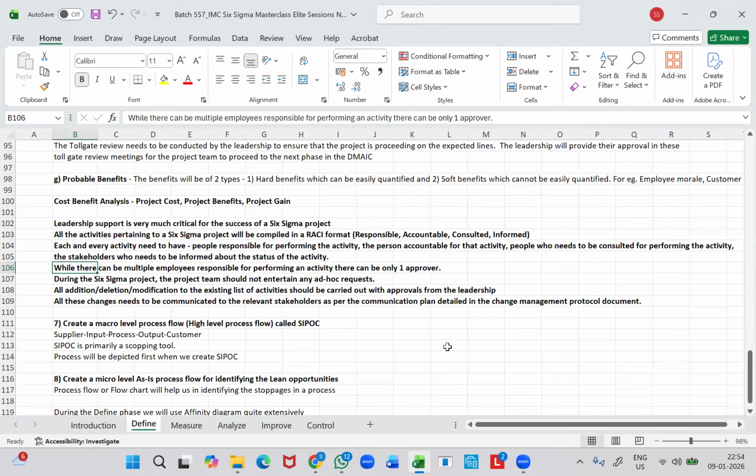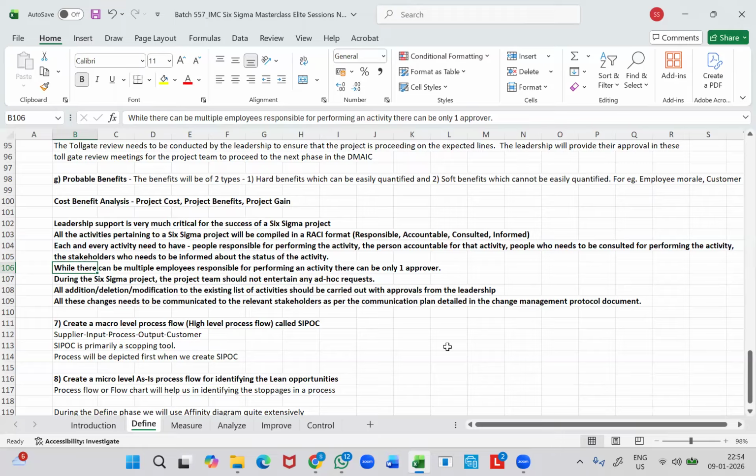So while there can be multiple people who could be responsible for carrying out that activity, there has to be only one accountable person. So if you have multiple accountable persons for a particular activity, what might happen? Because you can question if the activity is not getting completed on time. So we can question the approver or the accountable person.